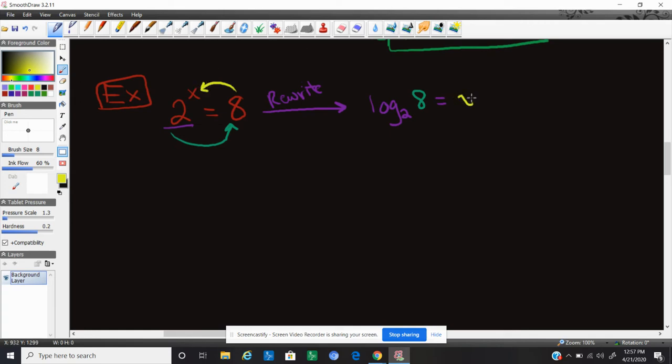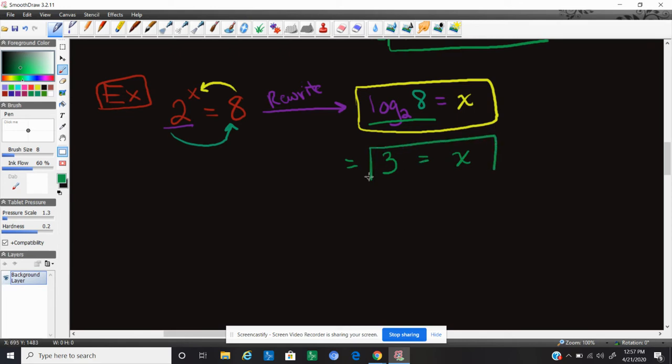So equal to x. So this should be our answer. And if you plug in the log part, so if you plug in this part right here into the calculator, you should get equal to 3, exactly. So x is equal to 3.